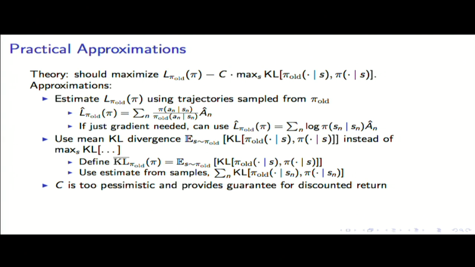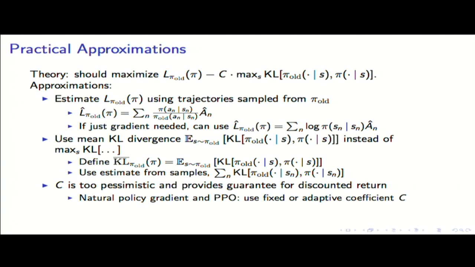So it doesn't provide us with a very useful guarantee. Instead, we're going to use a fixed coefficient that we determine heuristically, or an adaptive coefficient. And then we're going to talk about another algorithm called TRPO that uses a hard constraint on the KL divergence instead of a fixed penalty.